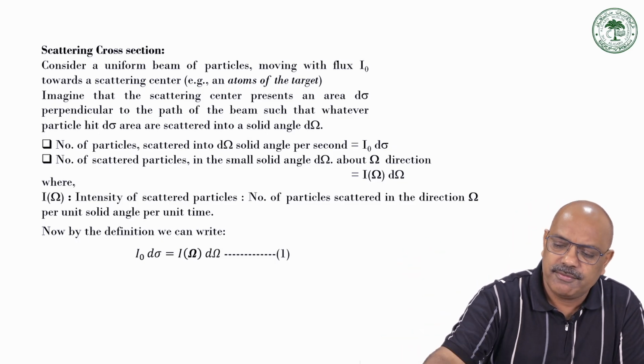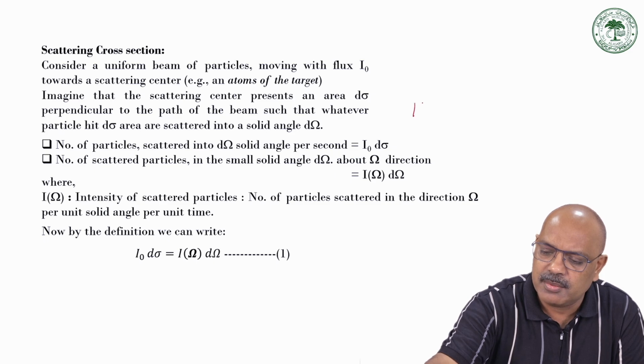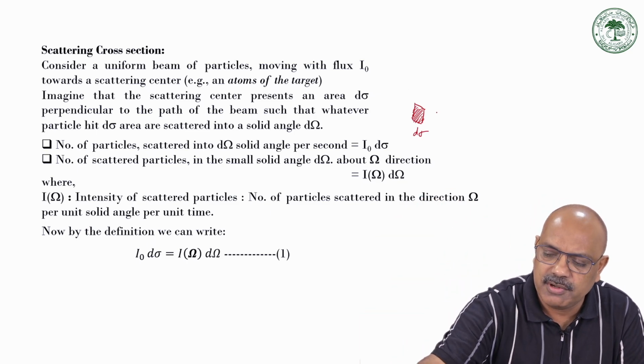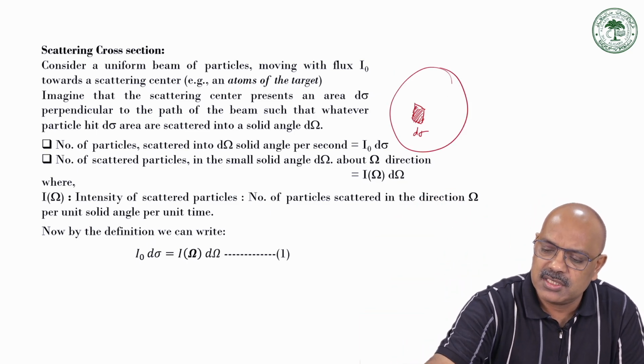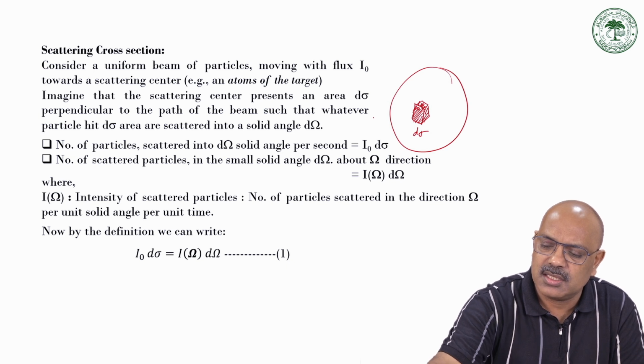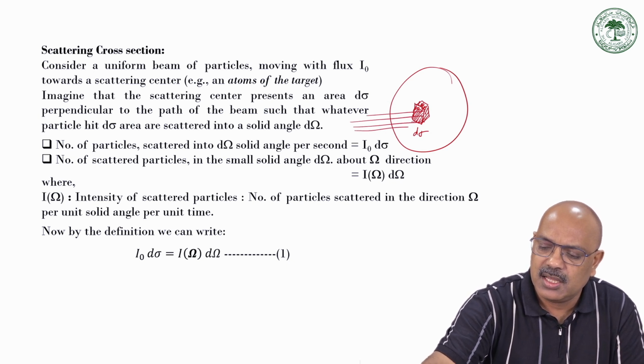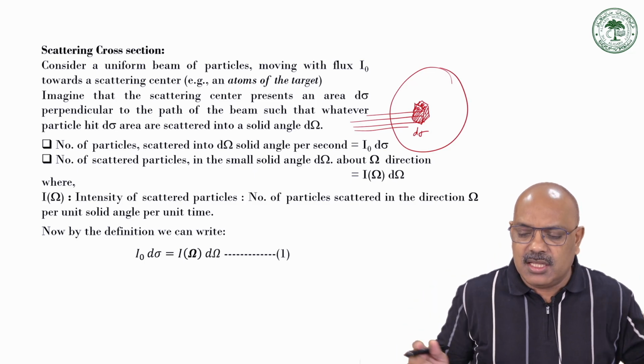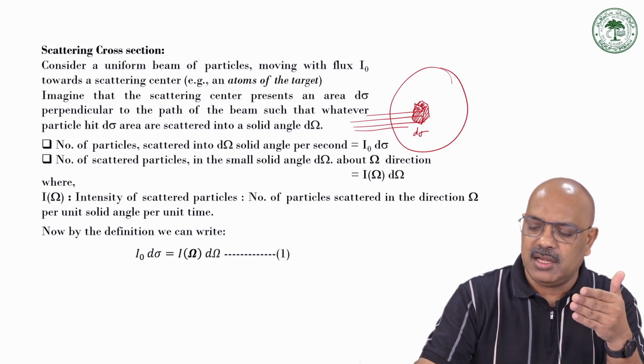So if you consider this area, this is d sigma, the area of the target. So if I have a target and consider d sigma area of this target, then the particles which are coming, this area has to be perpendicular to them.